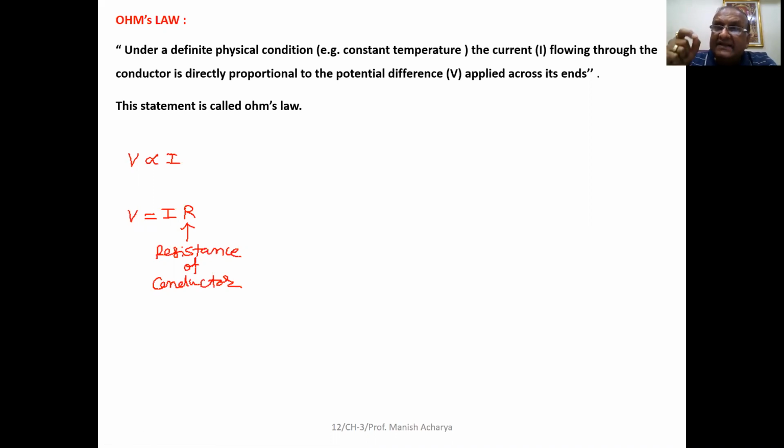Resistance is the feature of the conductor due to which it opposes the motion of charge through the conductor.